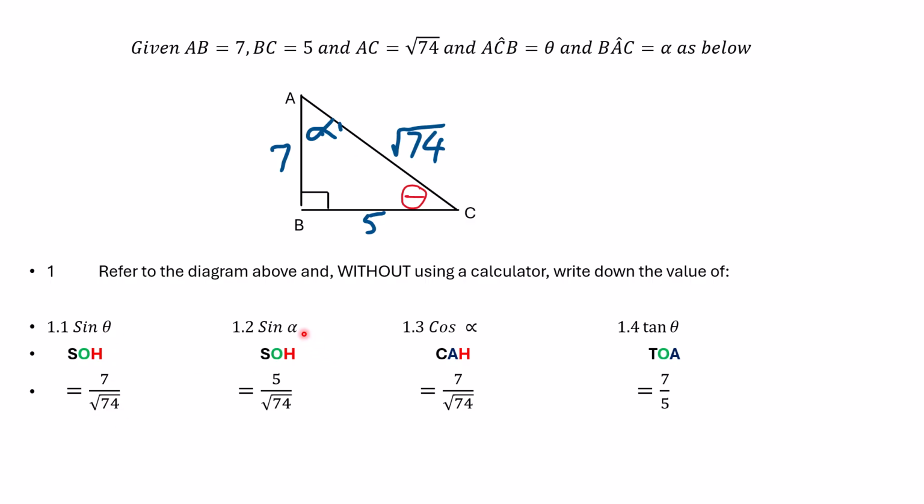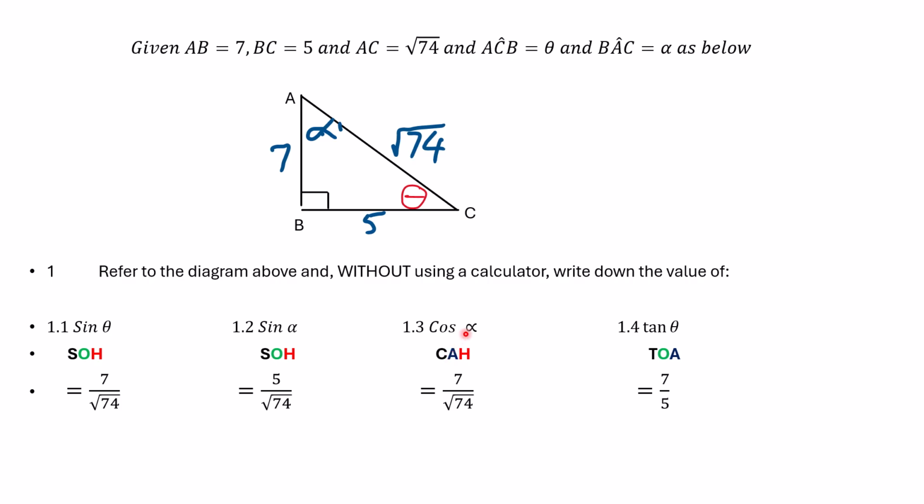This one they gave alpha. So for sine alpha, I have to start where the angle alpha is. From alpha, what is opposite alpha? 5. What is the hypotenuse? The hypotenuse is always opposite the 90-degree angle. So sine alpha would be opposite over hypotenuse, therefore 5 over square root 74.